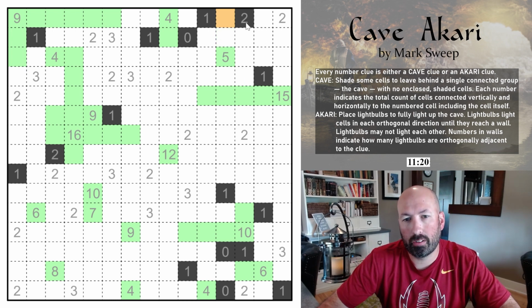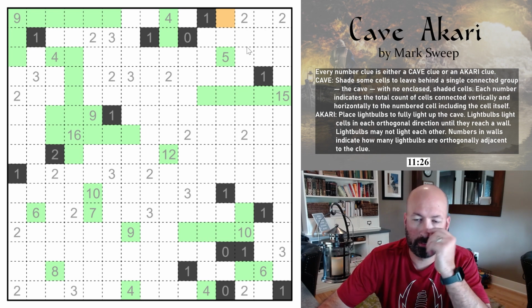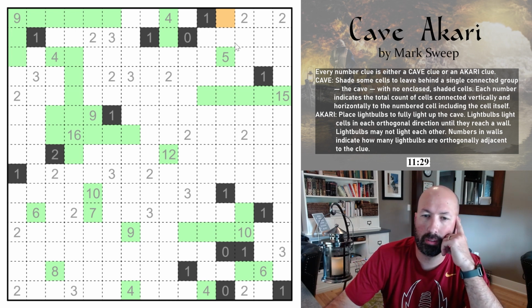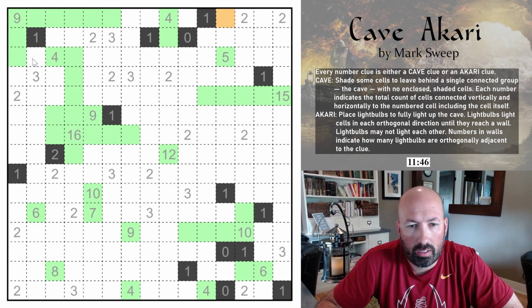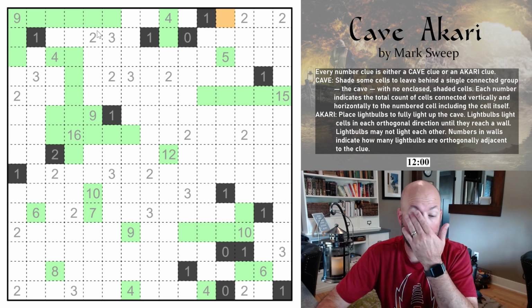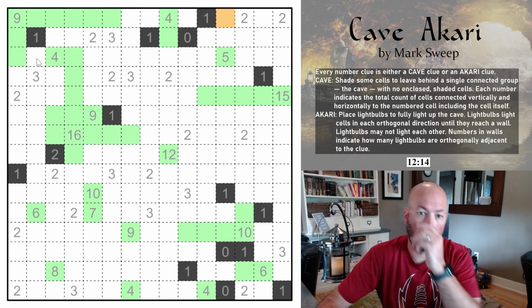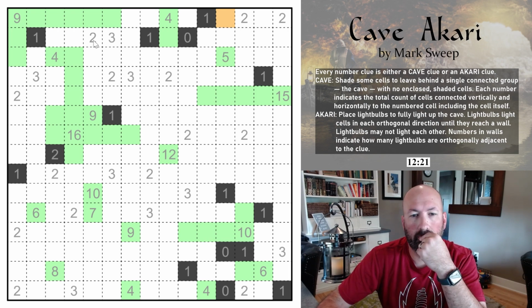And if it's part of the wall, it's already got one, but we could still put another light over there. So that could go either way at this point, I guess. One of these two has to be gray. But I don't think we know which one. Well, we know this wall has to escape somewhere at one of these two directions.